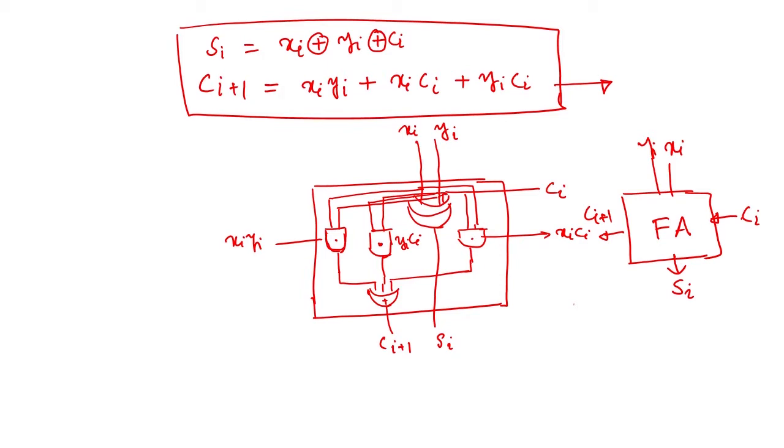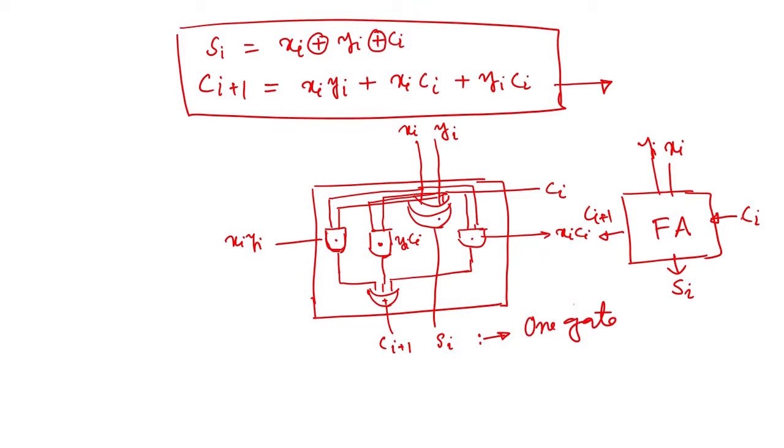So, from here you can see for S i, okay, how many gates do you need? You need only one gate. After giving input x i, y i, you will get the result S i. Okay.